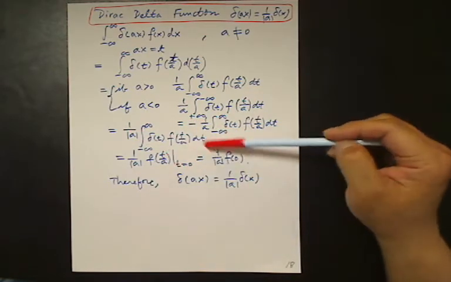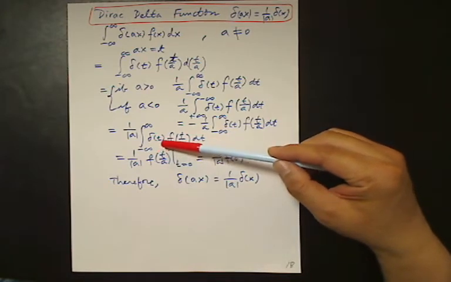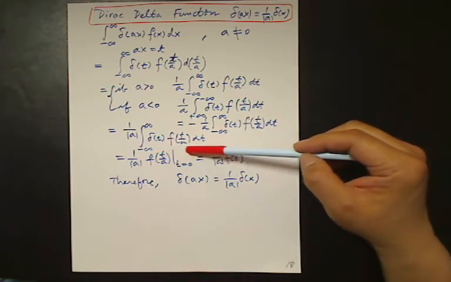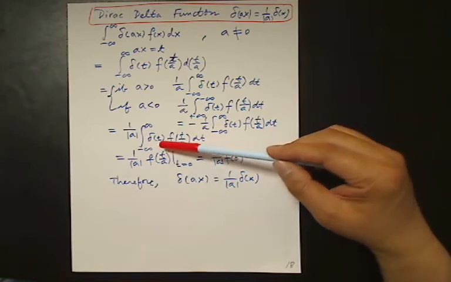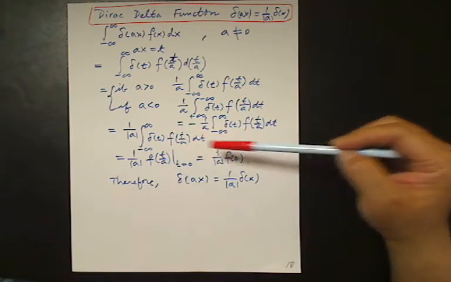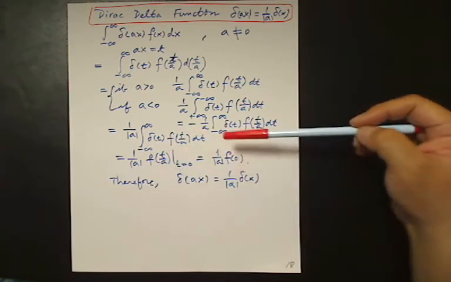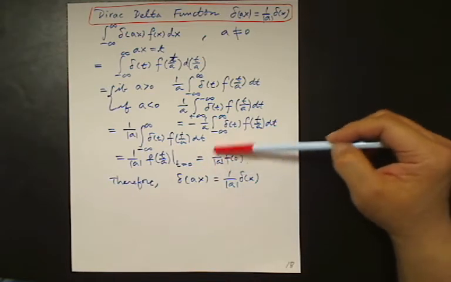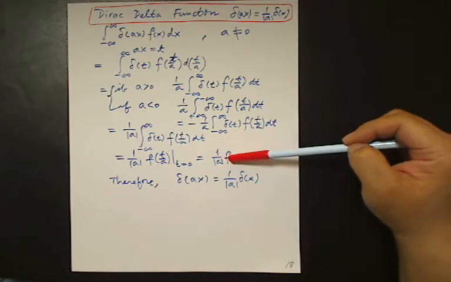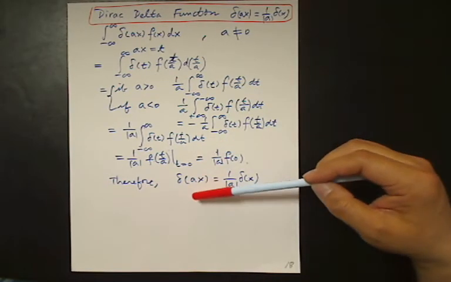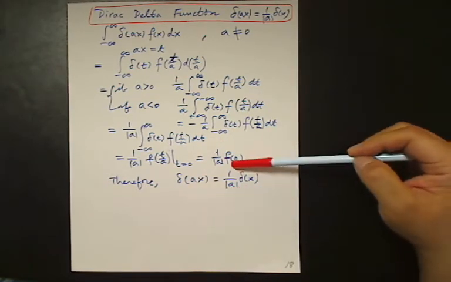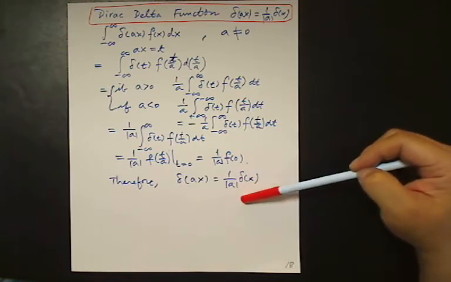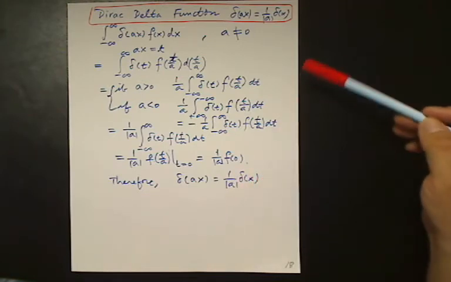And then we find that the delta function calculation doesn't care about the argument, because after this calculation we will replace t with 0. Therefore, the final effect is just a multiplication of 1 over the absolute value of a. This is the proof that delta of ax is 1 over the absolute value of a multiplied by the simple delta function.